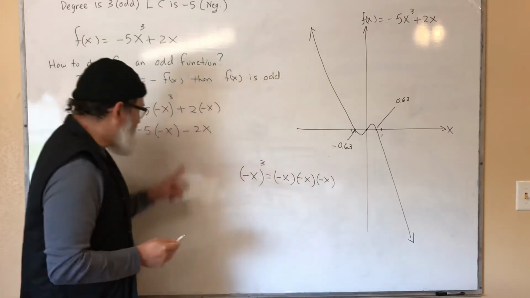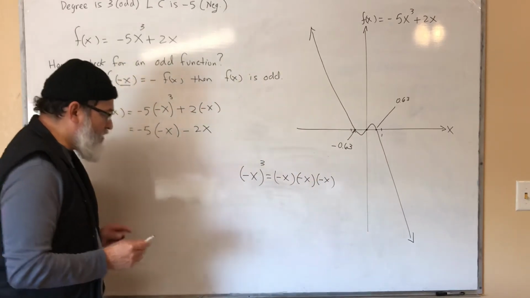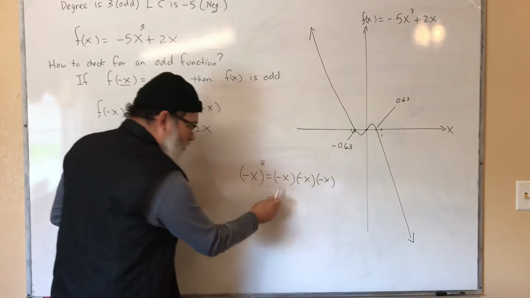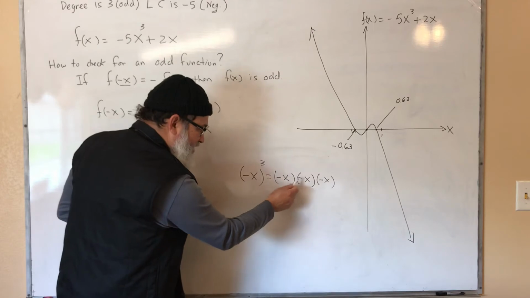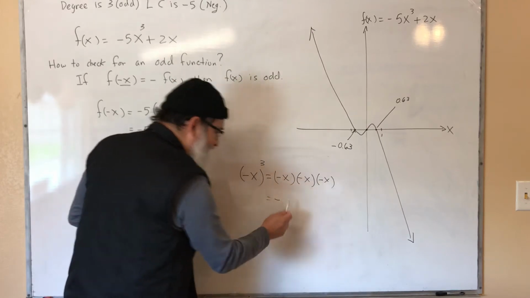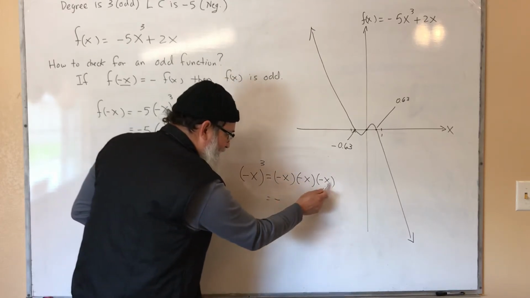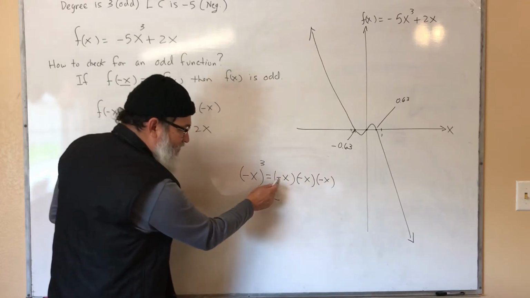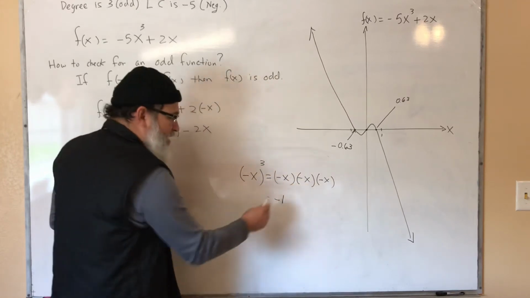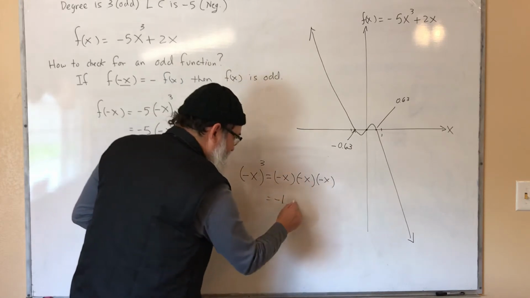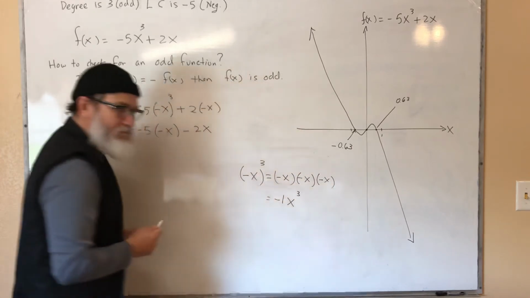I'm going to explain how we get the following. What's a negative times a negative times a negative? A negative times negative times negative is negative. Don't forget, this is negative 1 times negative 1 times negative 1, that's negative 1. And what's x times x times x? X to the third.